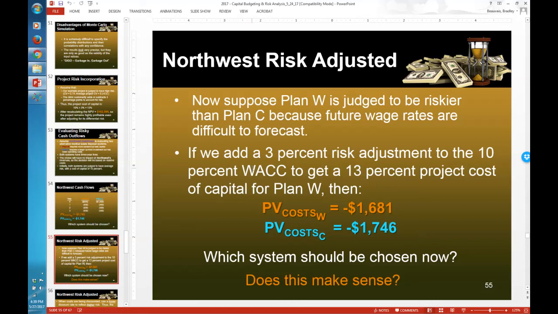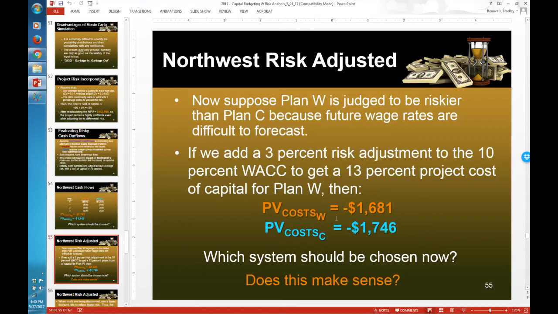So as we get our weighted average cost of capital, if we adjust for risk, we always increase that discount rate, and by doing so, normally it lowers the valuation of all of our future cash flows on a present value basis. If we do that in this case, if we put 3% on top of our 10% weighted average cost of capital, we end up with a new net present value on W that is better looking than what it was before. It's now closer to 0 than what it was before.